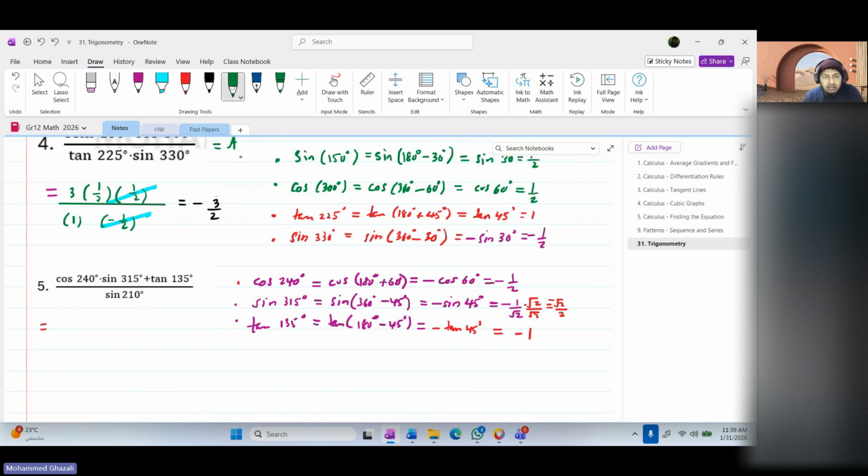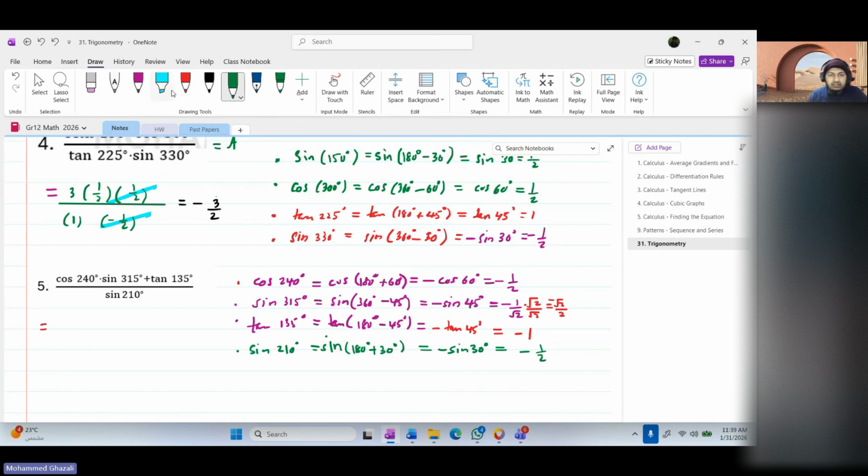That's easy, right? And the last one is sine 210. That is sine of 180 plus 30 degrees, which is negative sine 30 degrees, because it's in the third quadrant, and which is negative half.